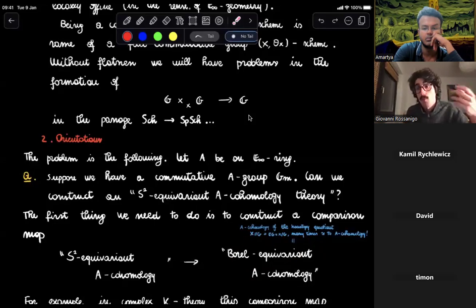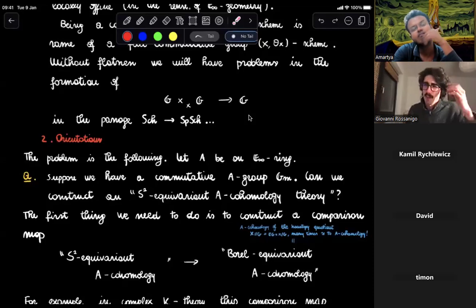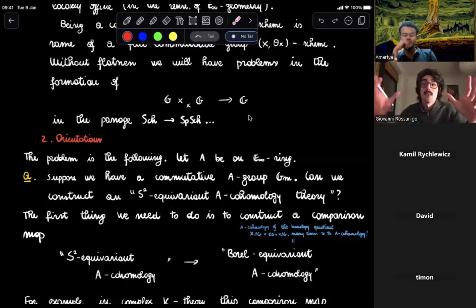And Borel equivariant A-cohomology is defined as the A-cohomology of this space. In many constructions, this theory is not that interesting. Like for K-theory, it's not the right equivariant cohomology theory that we naively expect, the one that classifies vector bundles with an action of G.